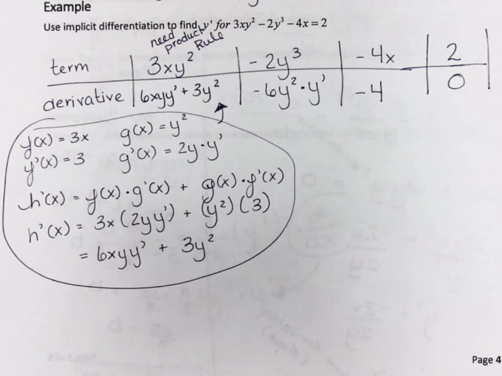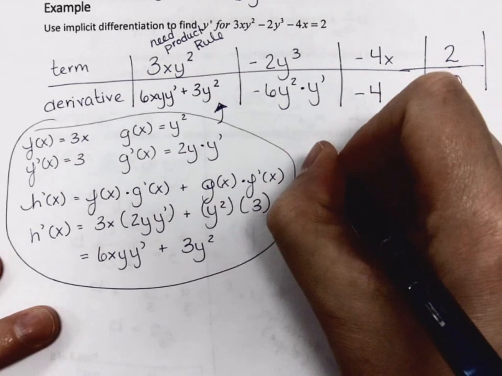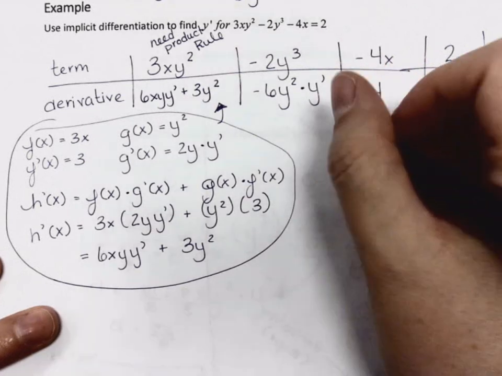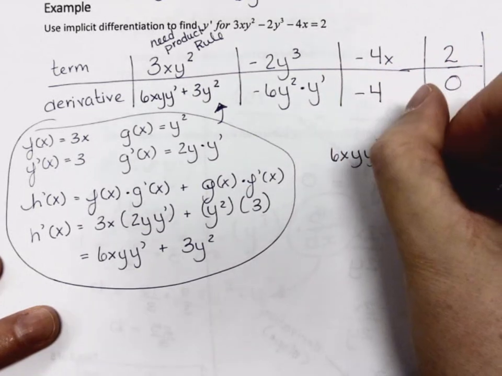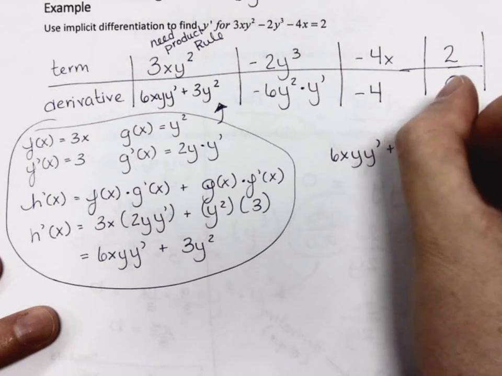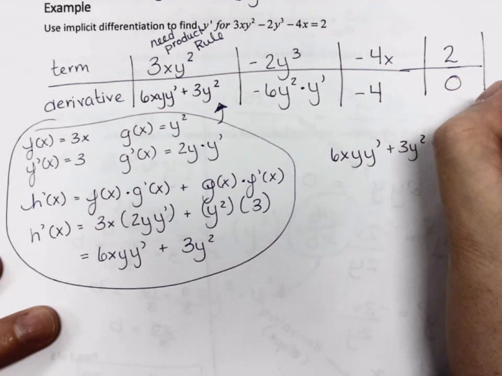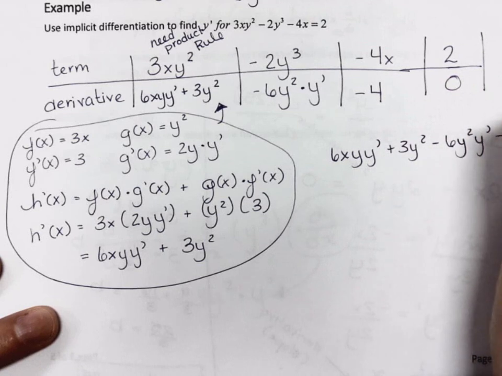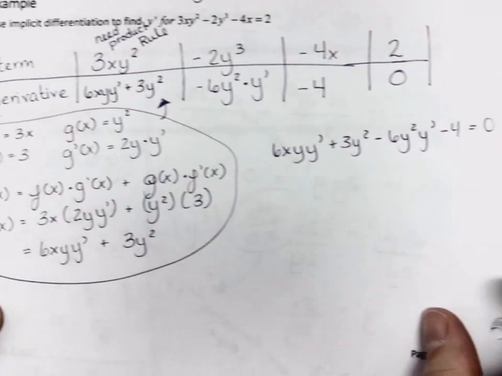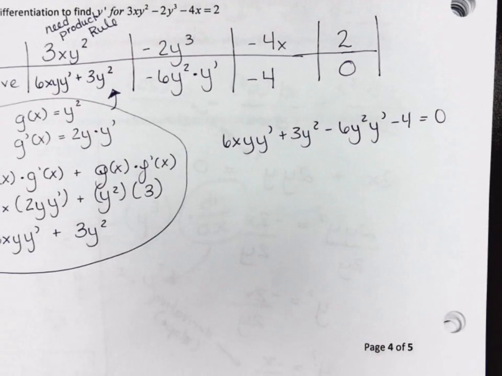All right. So now we're going to do the derivative of this thing. So we've got 6xy y prime plus 3y squared minus 6y squared y prime minus 4 equals 0. Ooh, I went right off the page there. And we're going to use the exact same strategy again.